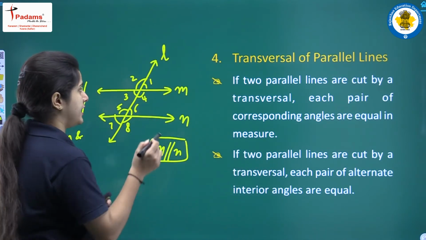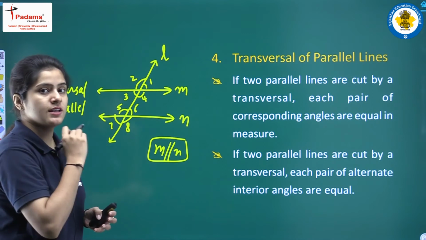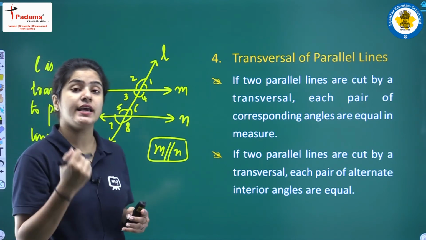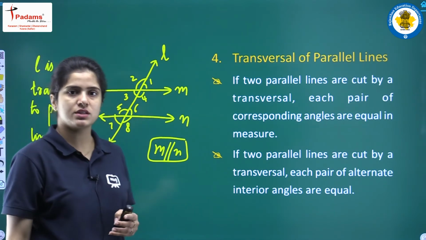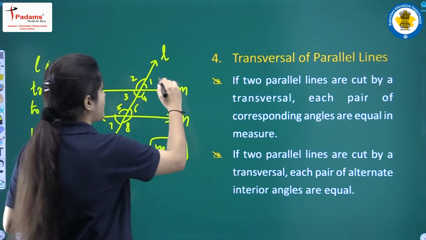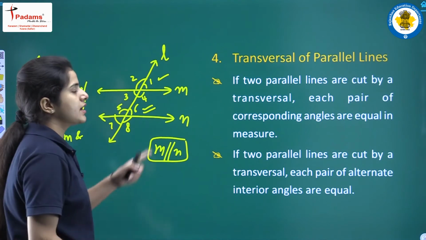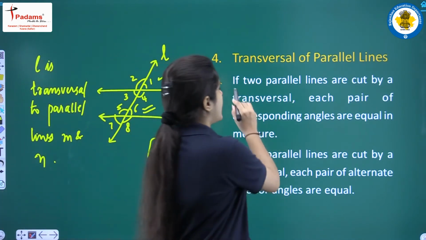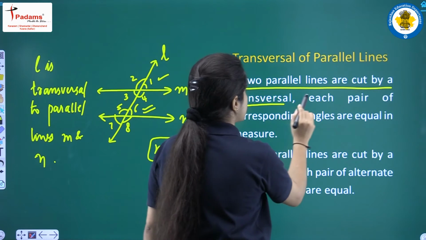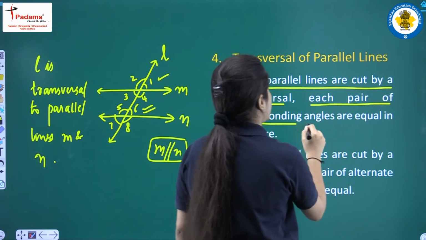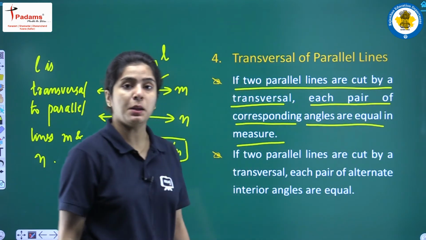then the corresponding angles made by this transversal on the parallel lines are equal to each other, okay students. So basically this 1 and this 6 are equal to each other. If two parallel lines are cut by a transversal, each pair of corresponding angles are equal in measure.